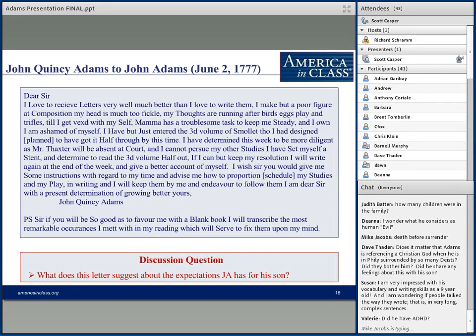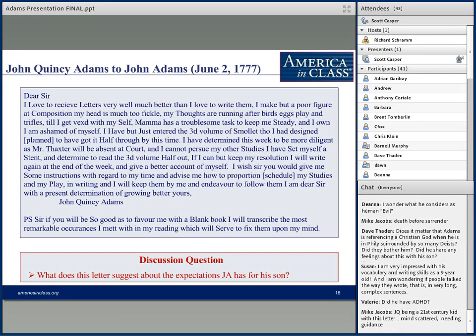I am, dear sir, with a present determination of growing better yours, John Quincy Adams. P.S. Sir, if you will be so good as to favor me with a blank book, I will transcribe the most remarkable occurrences I met with in my reading, which will serve to fix them upon my mind."